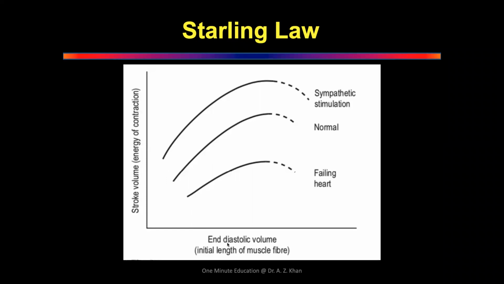This diagram just represents the stroke volume, so what is happening is the effect on the stroke volume. And this Starling's law, sympathetic stimulation, is directly representing the stroke volume rather than the end diastolic volume. We're not talking about that at the moment. We're talking about the effect of sympathetic stimulation on the stroke volume. Okay, thank you, sir.